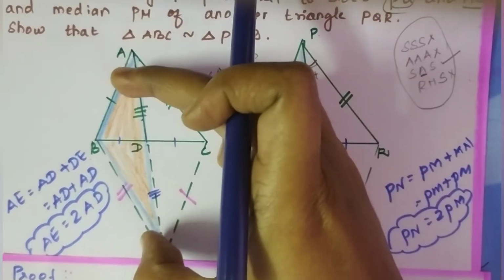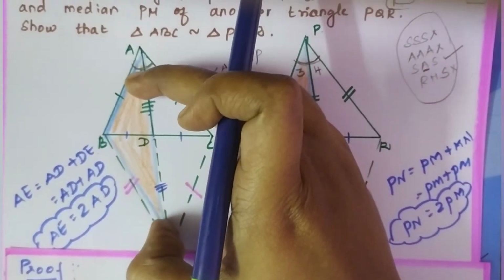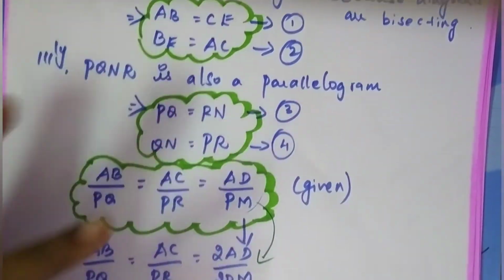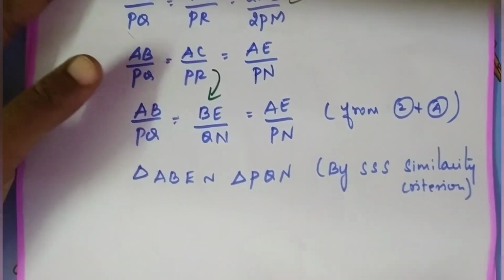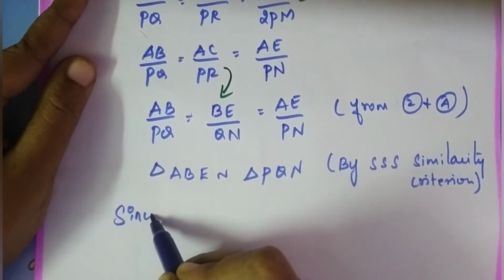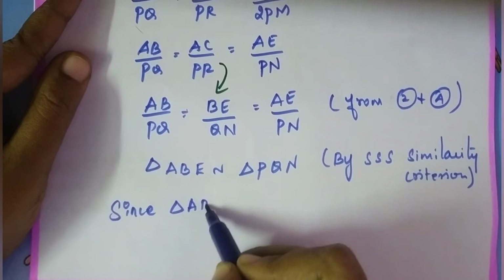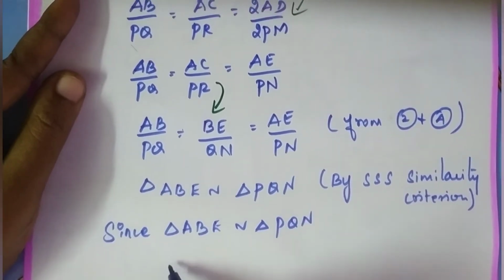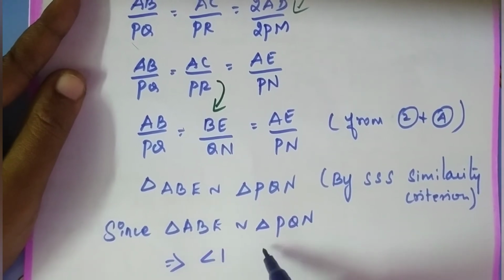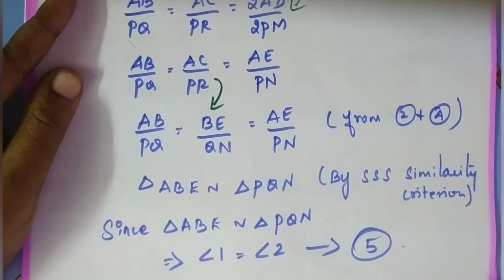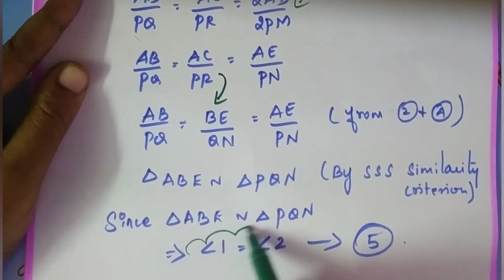That's why we proved that these two triangles are similar. Since triangle ABE is similar to the triangle PQN, I can tell that angle 1 is equal to angle 2. Mark this as equation 5. Clear, Kana?